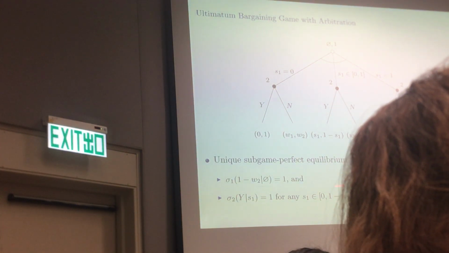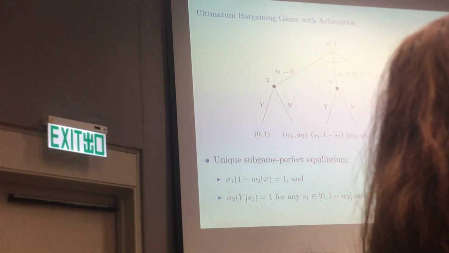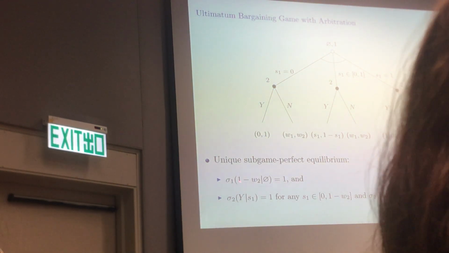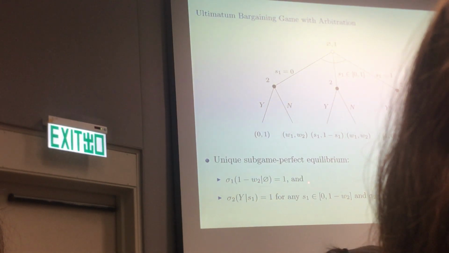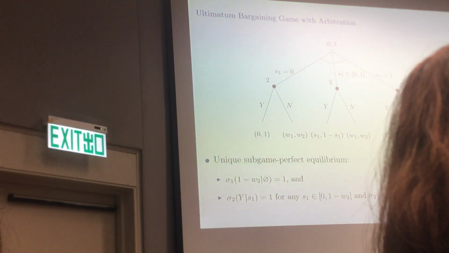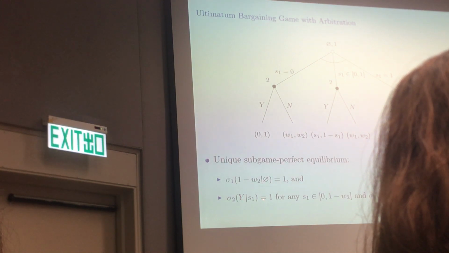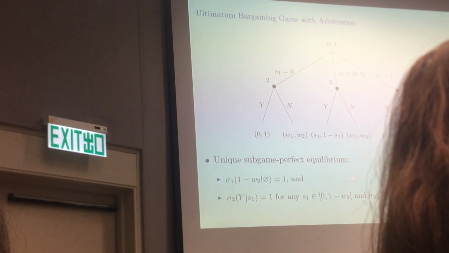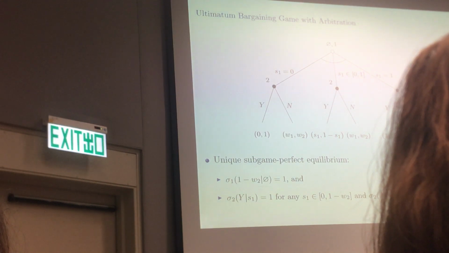Everything here on the screen means that there is a unique subgame perfect equilibrium, and in that equilibrium, player 1 chooses S1 equal to 1 minus W2 with probability 1. And player 2 chooses yes with probability 1 whenever S1, player 1's offer, is between 0 and 1 minus W2, and chooses no with probability 1 whenever S1 is strictly larger than 1 minus W2.